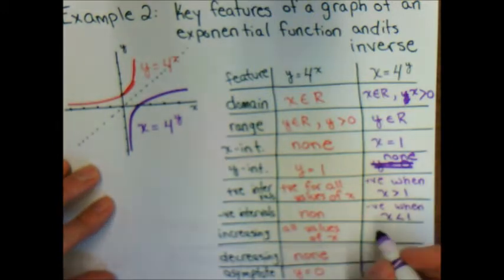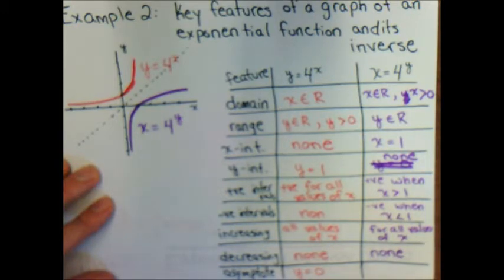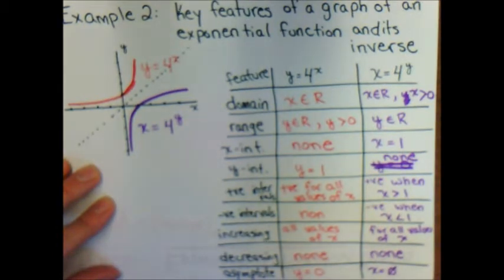Increasing. It's increasing for all values of x. Decreasing? Nope. No intervals. And the asymptote occurs at x equals 0. There is no horizontal asymptote.